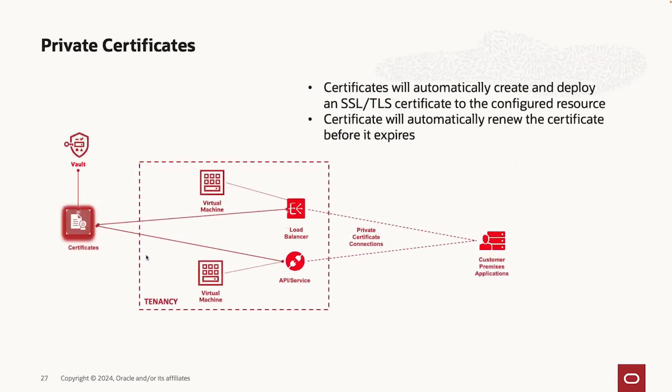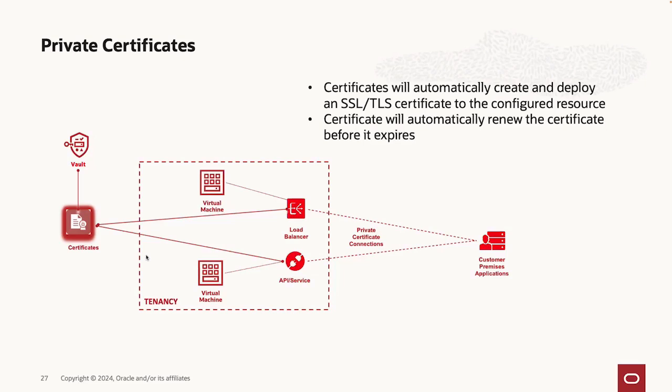Hey, Kiran. Yes. Just a quick question regarding the certificates service. You mentioned that currently our OCI certificates support only private certificates as a certificate authority, which is good, and you illustrated where we can use them.